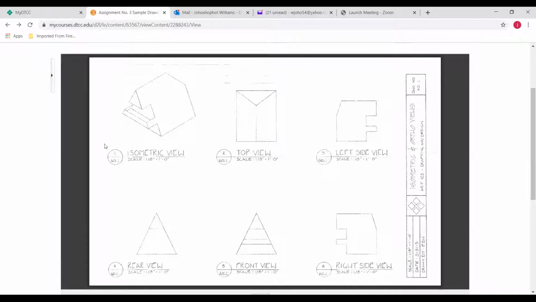Same thing: this is my front, this is my left, this is my right. If I'm looking at the right side, I'm going to see this surface here, this overhang, this balcony, and this little articulation of the slope here.